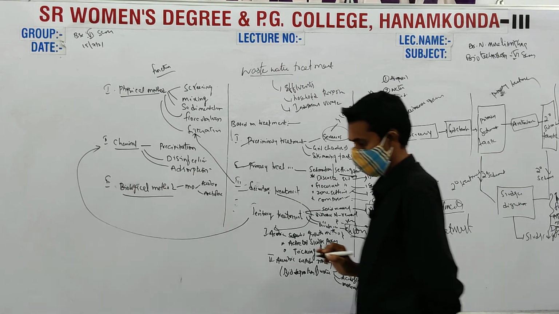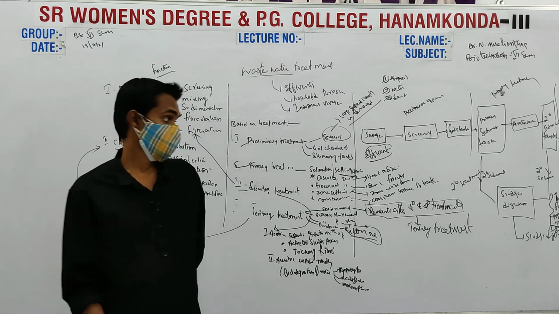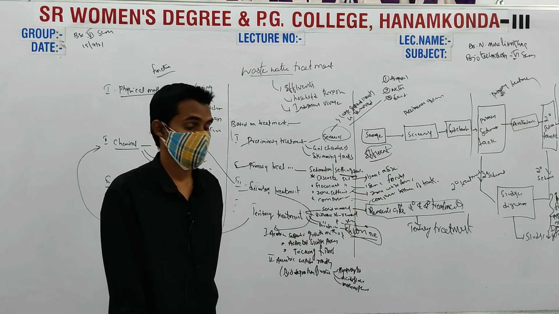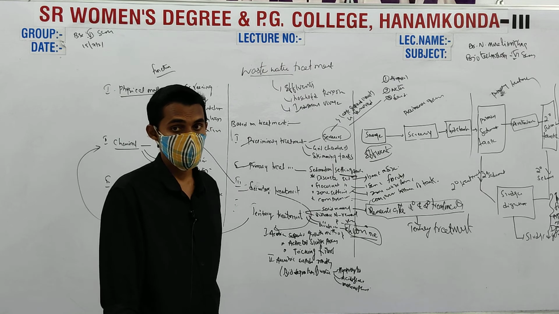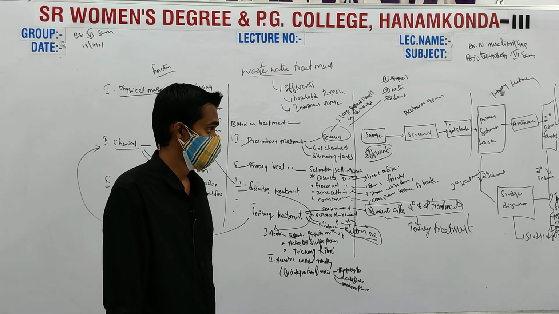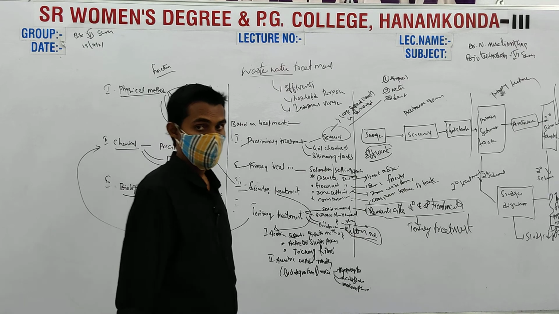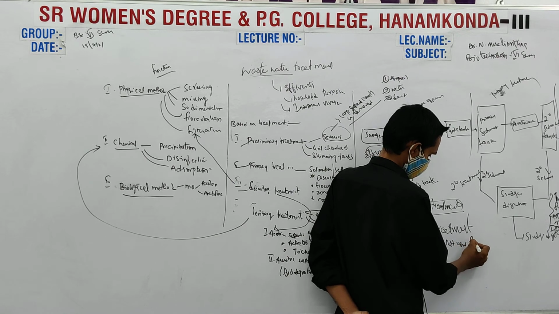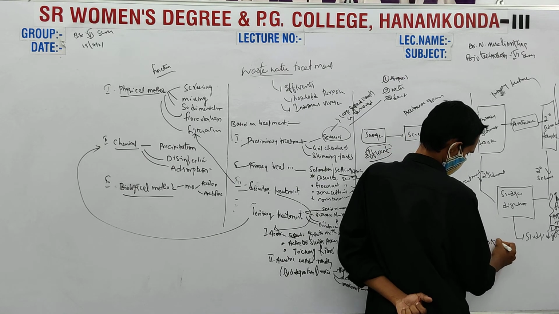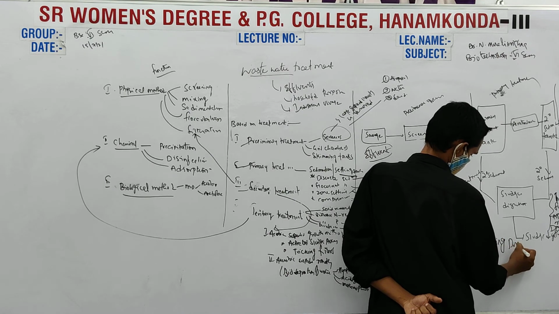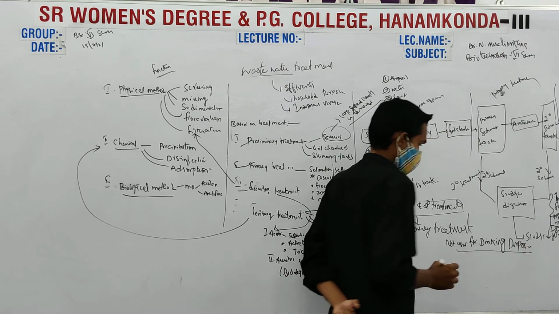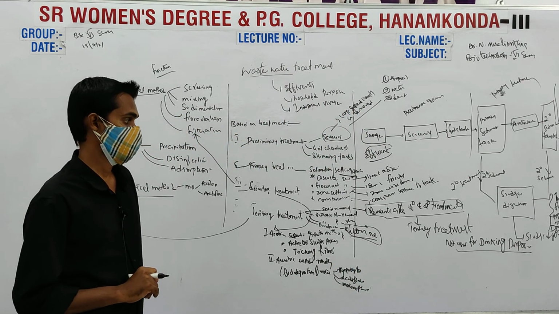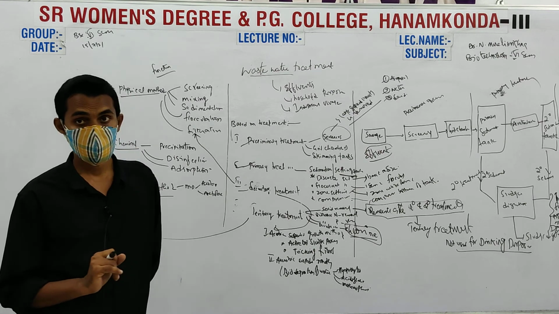The water treated with primary, secondary and tertiary treatment will be released to a flowing river or flowing water, from which it can be used in agriculture or domestic purposes, but not for drinking. It is only used for either agriculture or domestic purposes. So this is about wastewater treatment.